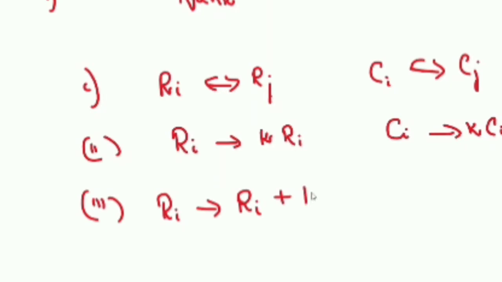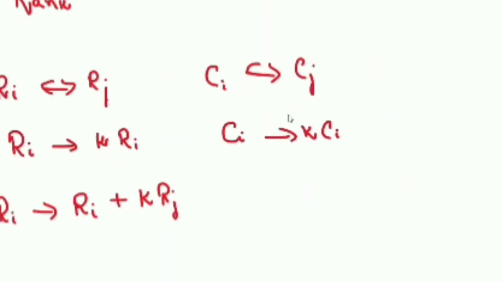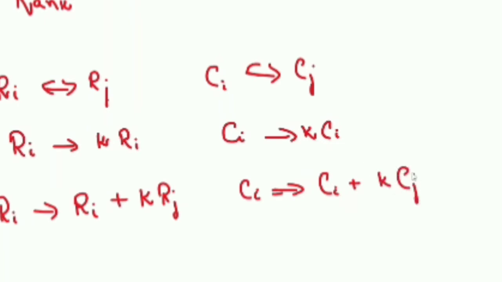You multiply some other row by a constant and then add it. Similarly, Ci becomes Ci plus k times some other column: multiply some other column by k and then add it to this one. So these three are called elementary transformations.